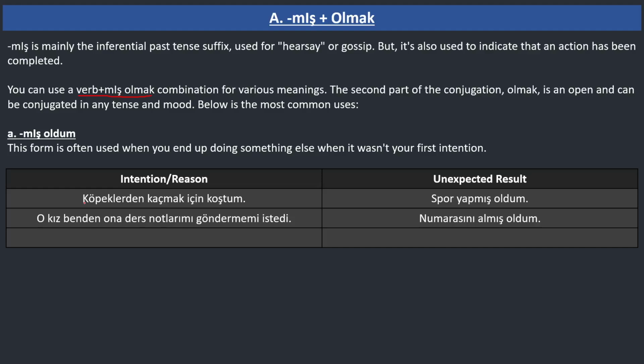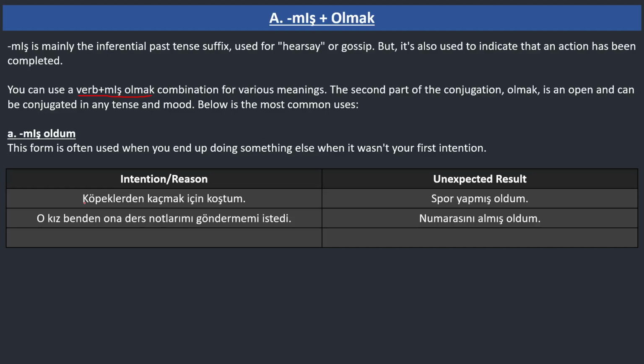But with this opportunity, with this situation, I ended up doing sports. Doing sports was not my intention. I didn't plan to run. I didn't plan to do sports. But this is like thinking about a different result out of a situation.